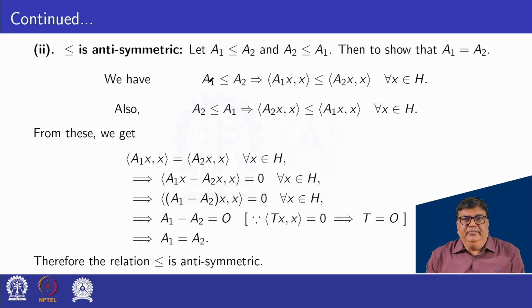So we have, as per the definition, A1 ≤ A2. This implies that the inner product of A1x and x is less or equal to the inner product of A2x and x. Also, A2 ≤ A1. This implies that the inner product of A2x and x is less or equal to the inner product of A1x and x. From these we get the inner product of A1x and x equal to the inner product of A2x and x.